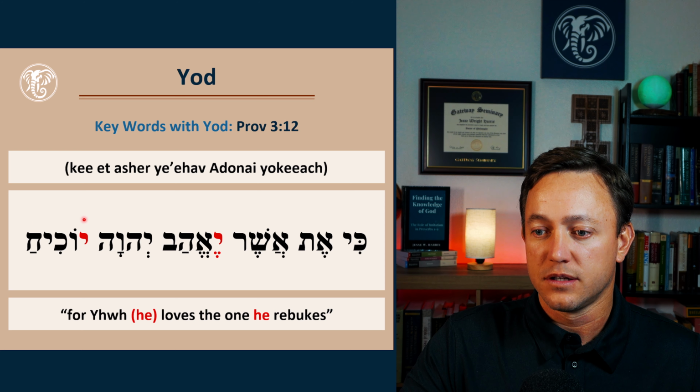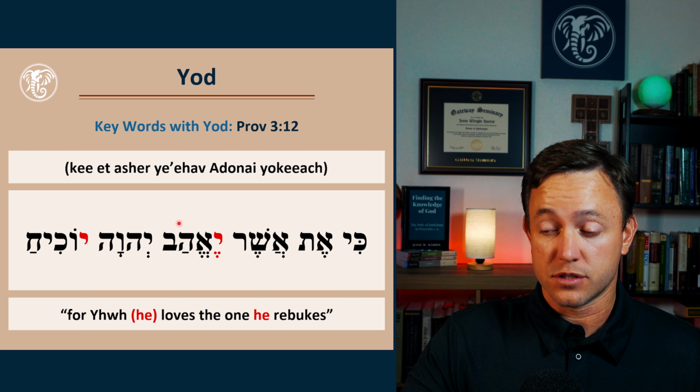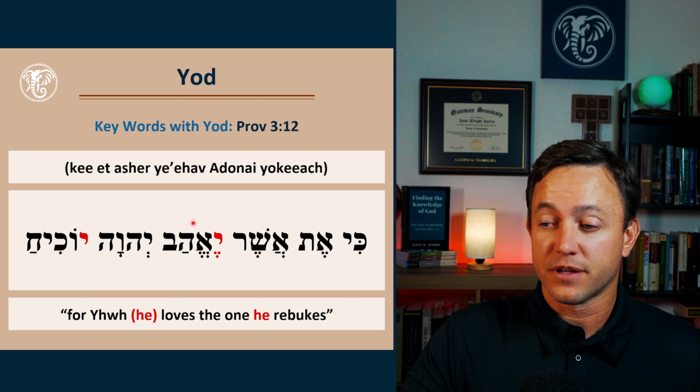So the Lord will rebuke, or again, correct. So for the Lord will correct et asher, the one whom ahav. And ahav is that wonderful word that means loves. So he will, or that he does, love.